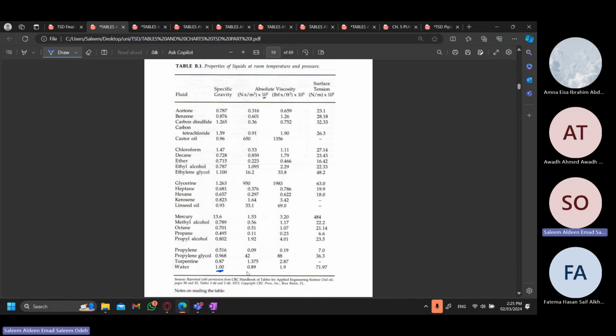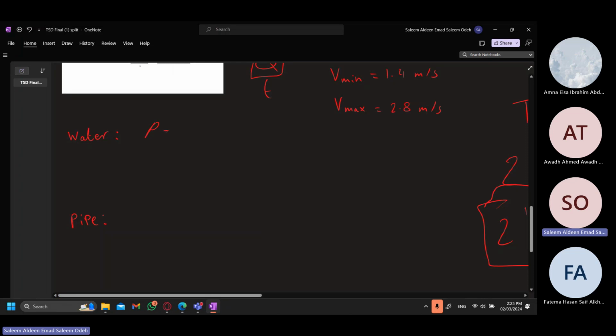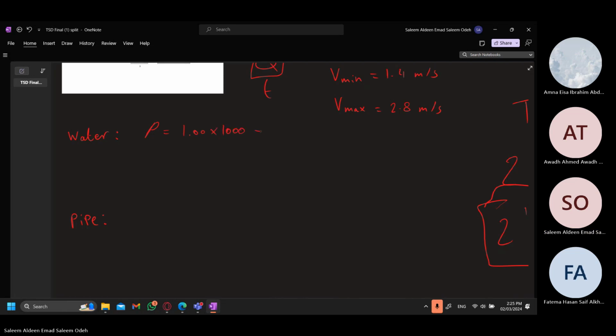So we'll end up with density equals 1 times 1000 equals 1000 kilograms per meter cubed. And the viscosity would be 0.89 times 10 to the power of negative 3.